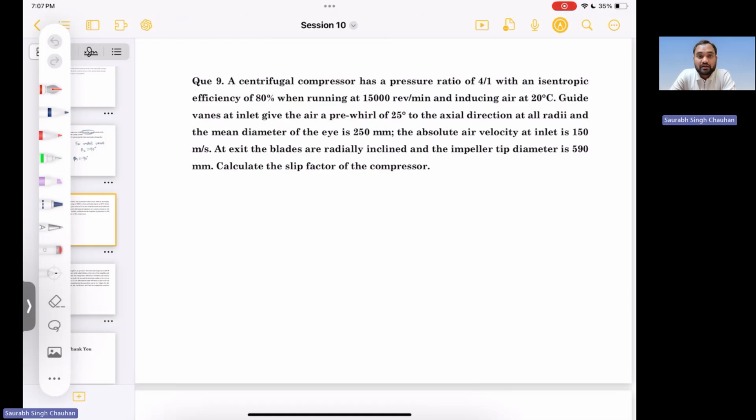Guide vanes at inlet give the air a pre-whirl of 20 degrees to the axial direction at all radii. And the mean diameter of the eye is 250 mm. The absolute air velocity at inlet is 150 meters per second. At exit, the blades are radially inclined and the impeller tip diameter is 590 mm. Calculate the slip factor of the compressor.